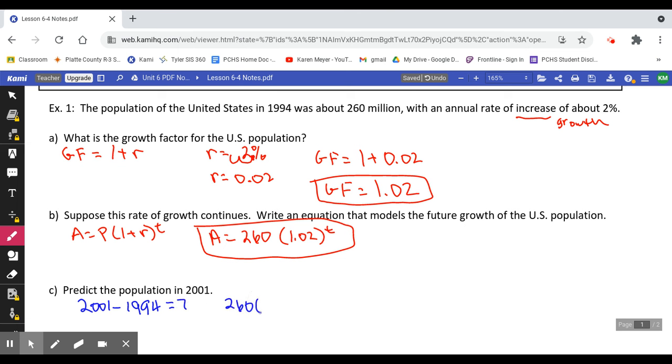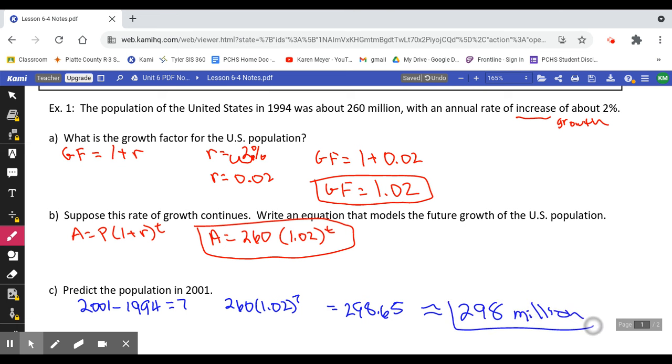So now we're going to take 7 and plug it into our equation for the letter T. So when I type that into my calculator, I get about 298.65. So I'm going to say about 298 million people.